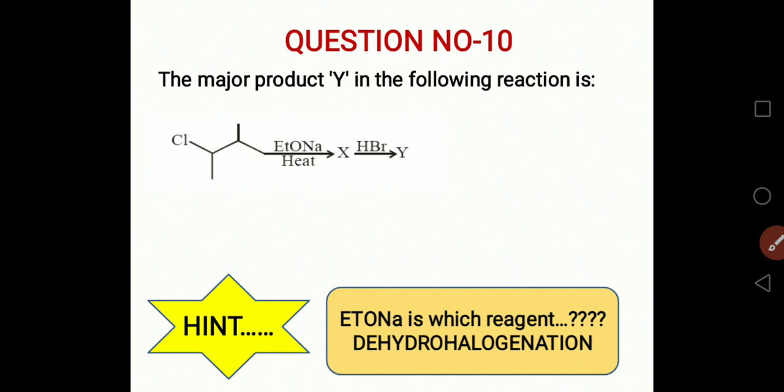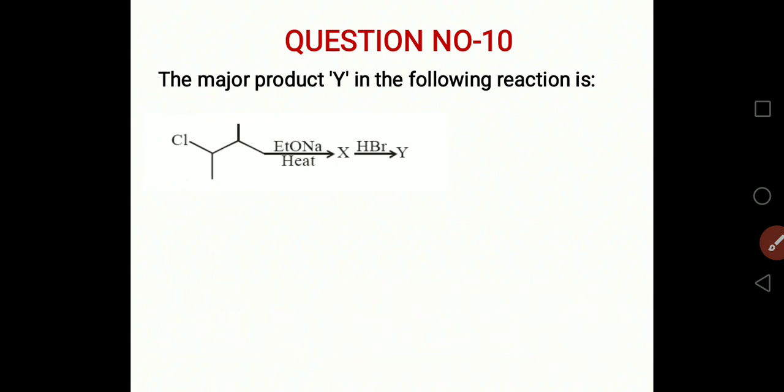Now we will apply Saytzeff's rule to this particular compound. First we will see which product is formed. You are going to get two products, because when this Cl is removed, you can get a double bond at this position and a double bond at this position, right? Then in this particular case, which one is major?